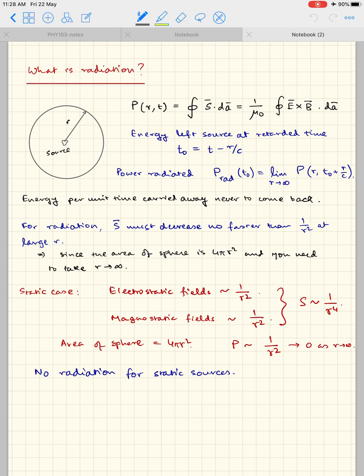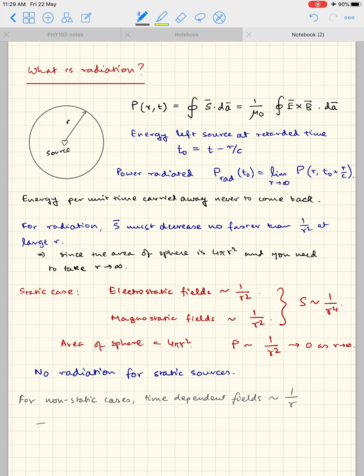Let me get rid of these circles, and let me take you back. So what I wanted to say here is that for non-static sources, non-static cases, time-dependent fields go as 1 over r.